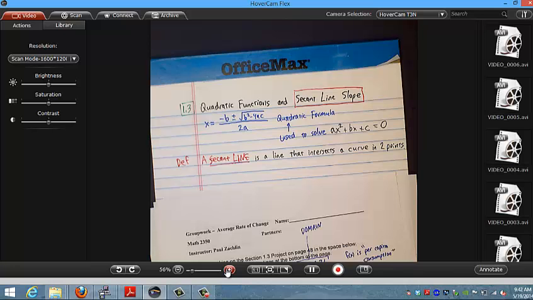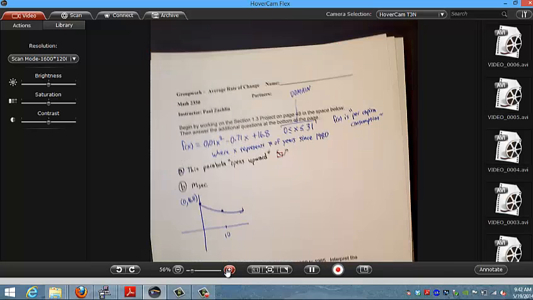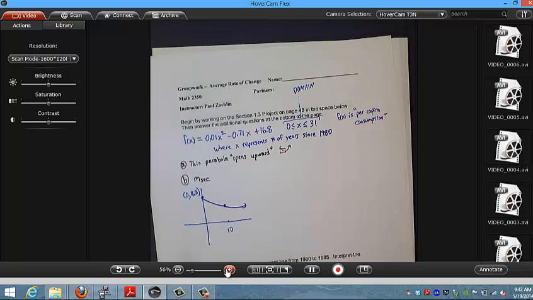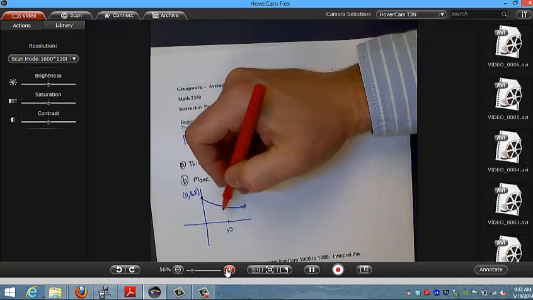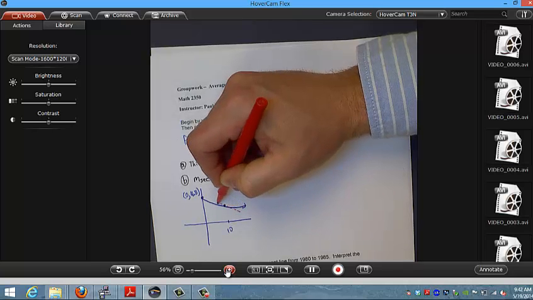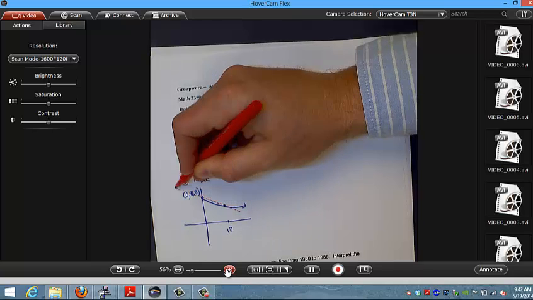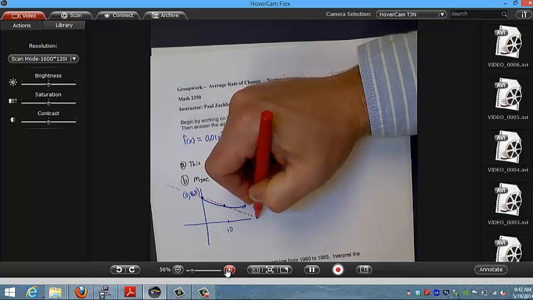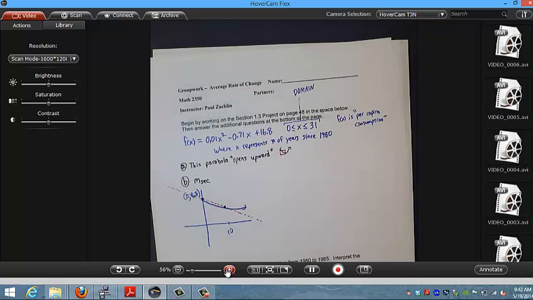So when they say draw the secant line and find its slope, let me draw the line for you. The line is this. That red line. And what I want to do is find its slope.